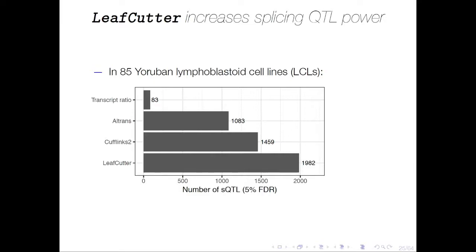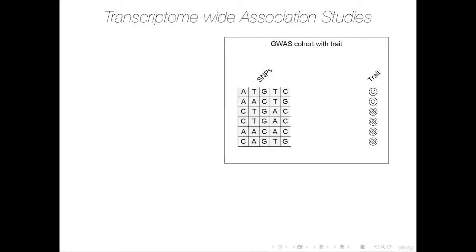And we attribute this to both our ability to provide a less noisy quantification than you get with isoform ratio estimation, and our ability to quantify more splicing events than you can with exon percent spliced in. Our success and the success of others in mapping splicing QTLs encouraged us to try using the leafcutter quantifications in what are known as transcriptome-wide association studies.